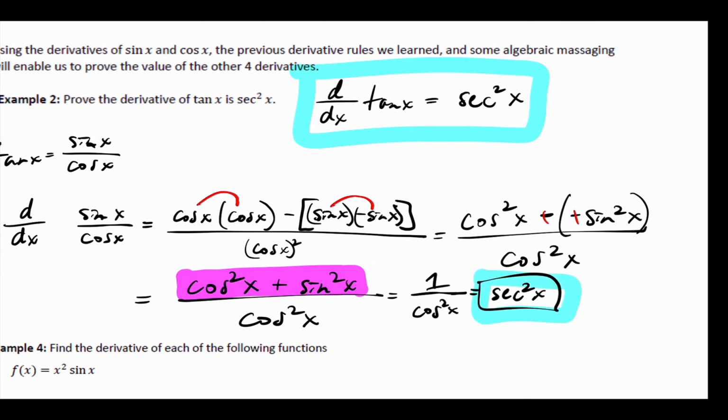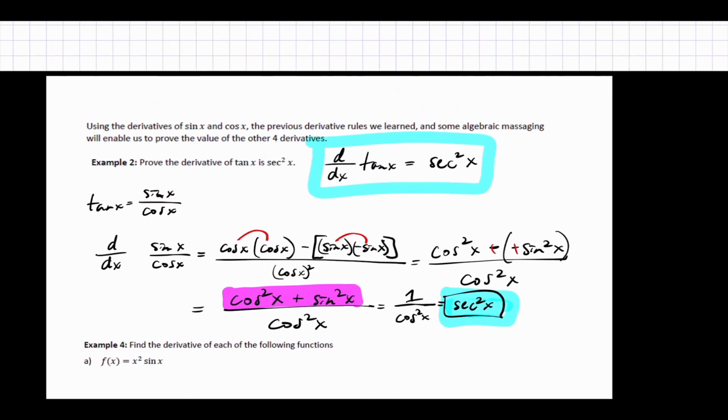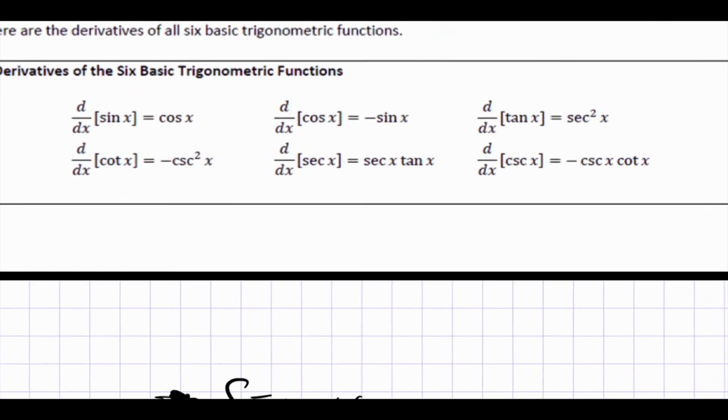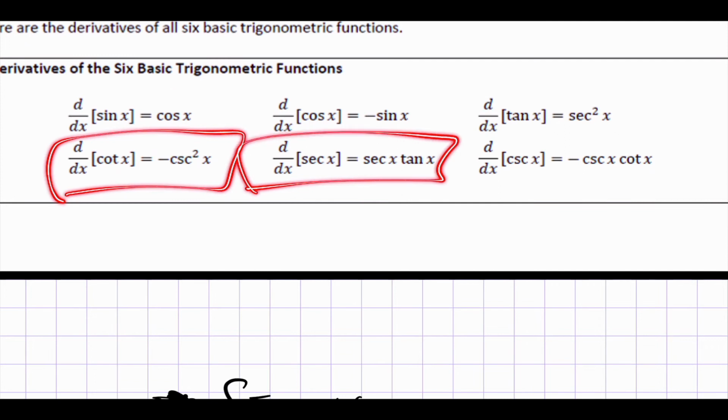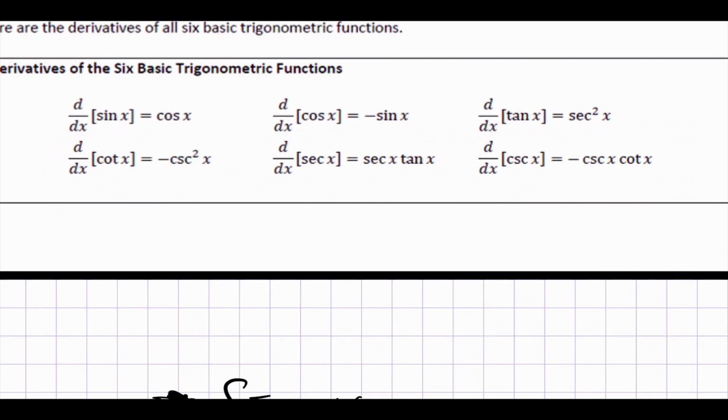Now I could do that for all the other three, but I think our time's better spent somewhere else. So for time's sake, just believe me, the other three have been proven. You can take these as fact. I could do the same for all of them, right? This one I would change to cosine over sine.